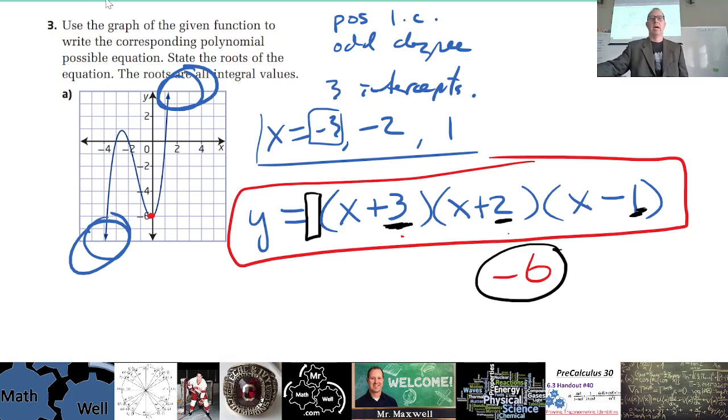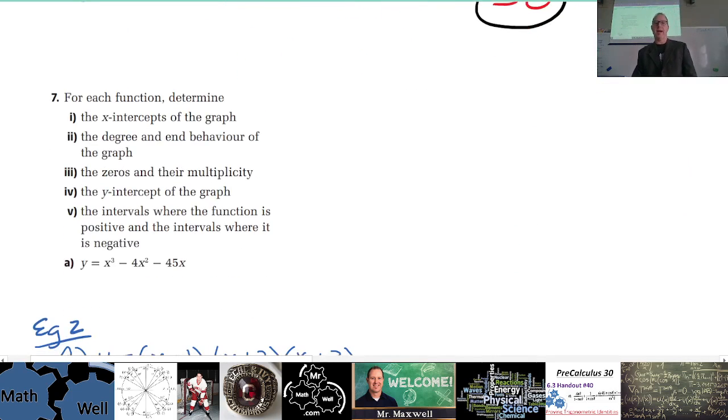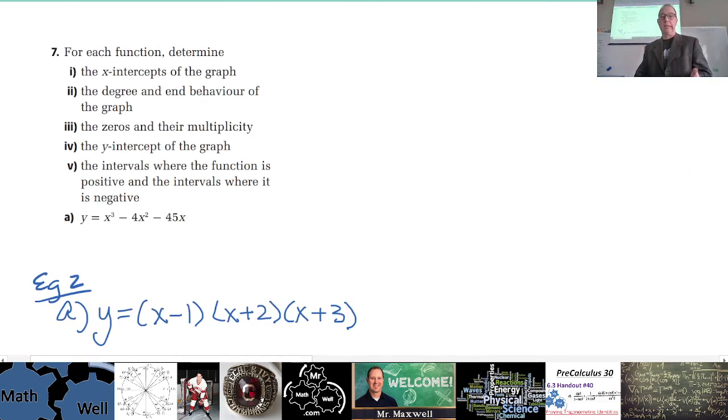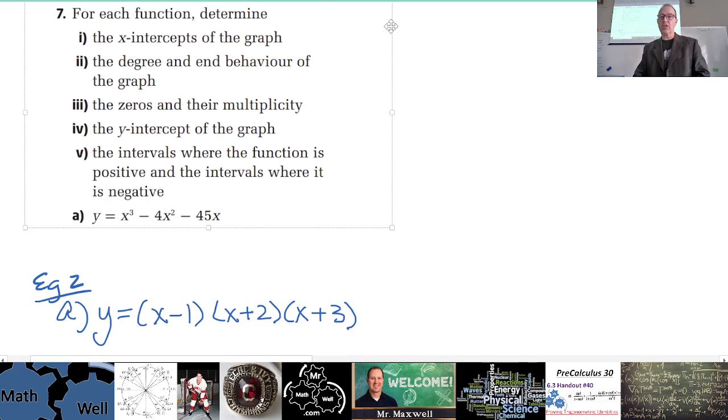Okay. Any questions about 3a? So that's an example of getting an equation from a graph. Now this one here, number 7, is putting a lot of stuff together, right? We have to factor, we have to look at the intercepts, the multiplicities, the end behavior, and put it all together to sketch. So this is really the culmination of what we're learning in this section.